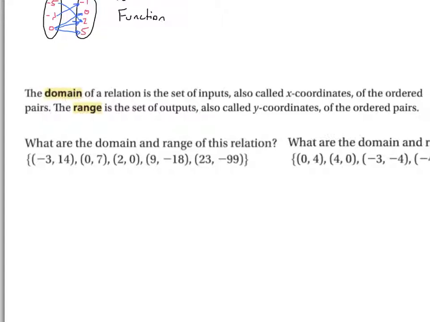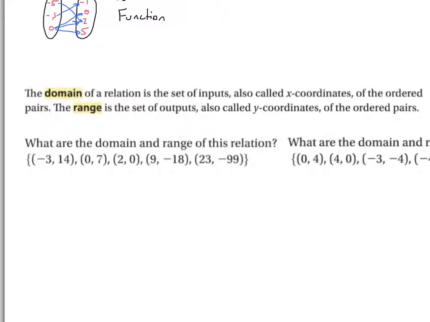And so it all runs that way. X is input and domain. All means the same thing. Y is output and range. It all means the same thing. Okay? So we have 3 different terms for the exact same stuff. Domain and range simply means X's and Y's.